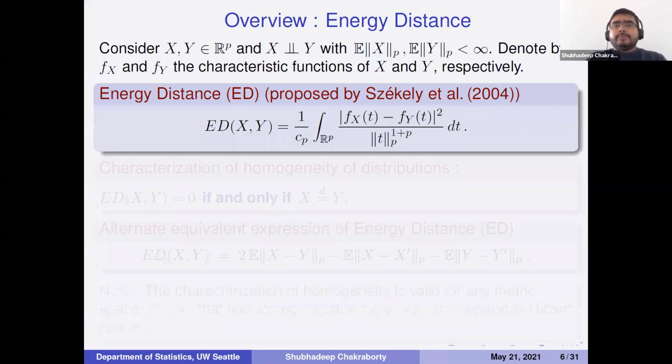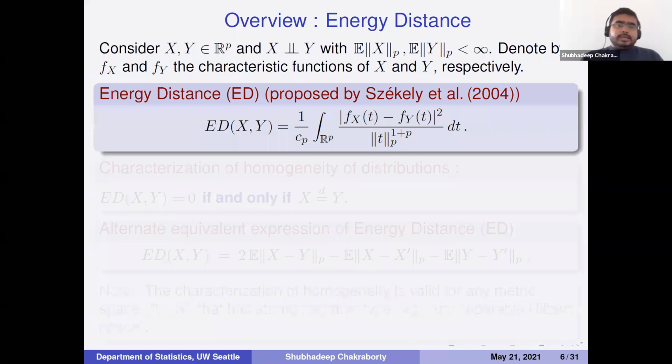Suppose X and Y are independent and with finite first order moments. So energy distance proposed by Szekely and Rizzo in a 2004 paper is defined as a weighted L2 norm of the difference between the characteristic function of X and the characteristic function of Y.